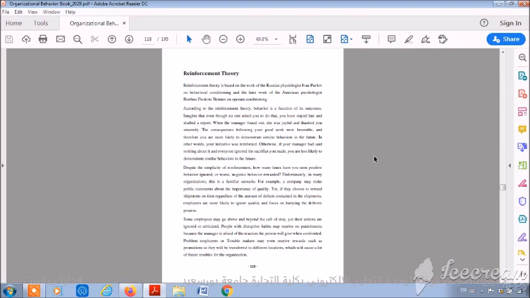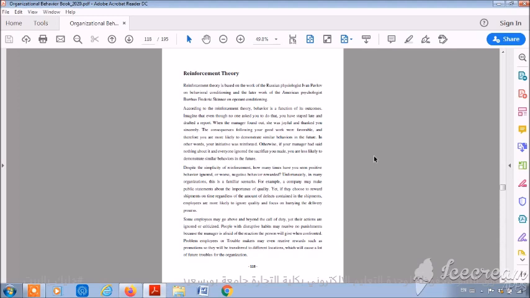The consequences following your good work were favorable, and therefore you are more likely to demonstrate similar behaviors in the future. In other words, your initiative was reinforced. Otherwise, if your manager had said nothing about it and everyone ignored the sacrifice you made, you are less likely to demonstrate similar behaviors in the future.